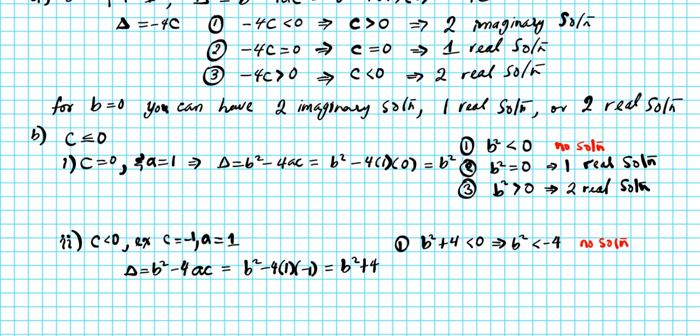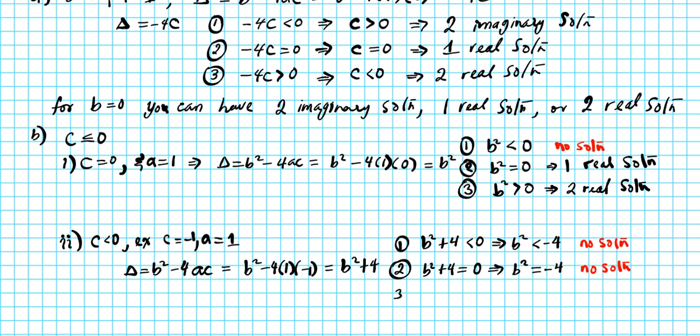Okay? Now let's take a look at the next case where b squared plus 4 is equal to 0. Is there a real value for b that satisfies this equation? To help us out, all we do is subtract 4 from both sides, and we have b squared equals negative 4. Now, is there any number that you can square to get negative 4? The answer is no. Remember, all squares are 0 and above. Okay? So this is no solution also.